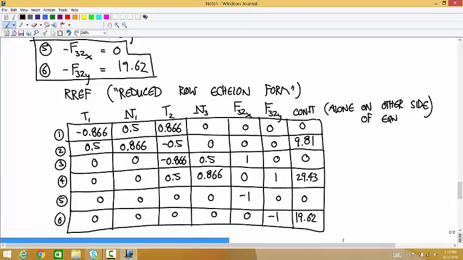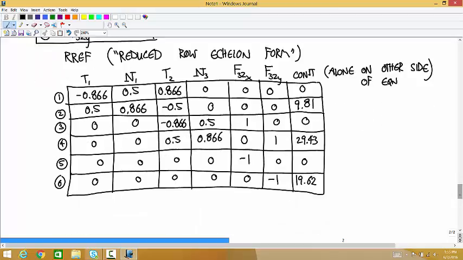But once you have this entered in a matrix, you just use the built-in function RREF, and it'll give you these values. The way it'll give you these values is a diagonal matrix with all zeros except ones on the diagonal. And then there's one column left over, and the last column that doesn't have zeros and ones gives you the answers in the order that you have them entered. So the first value it gives you will be the value for T1, then N1, T2.